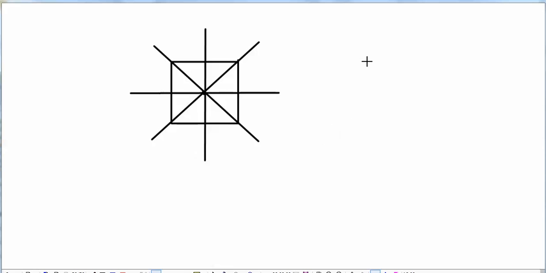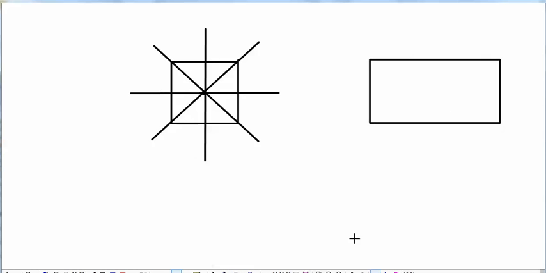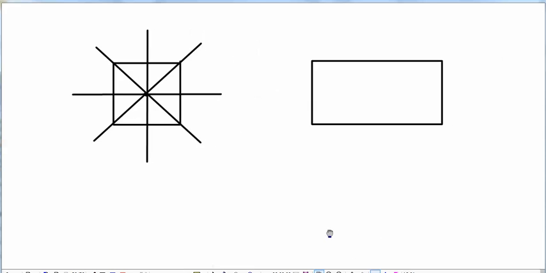But if you took a rectangle, does it have that many lines of symmetry? No, only 2. It's only got a vertical and a horizontal, doesn't it?